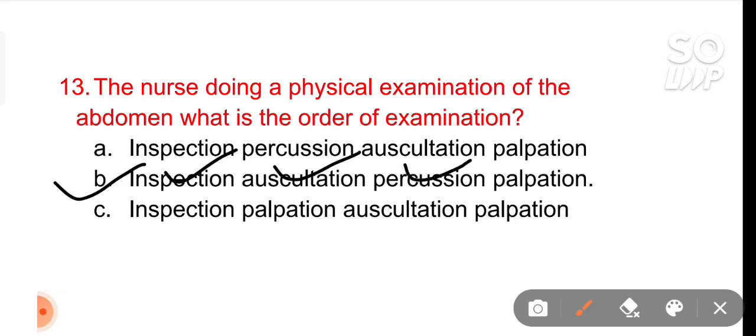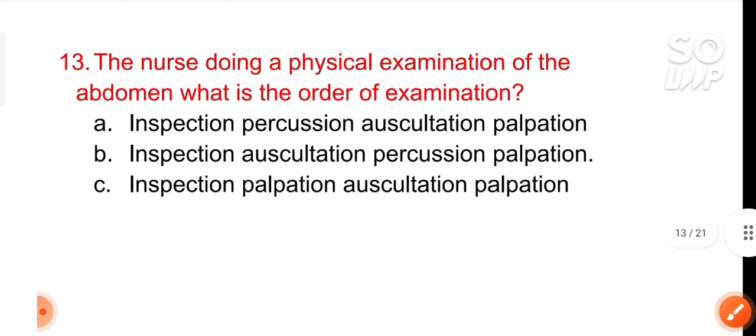Percussion is the deep pressing of the organ to know the structure, edema, fluid or air filling present in the abdomen. Palpation is similar, but we can palpate the temperature and normal structure of the organs. This is superficial, while percussion is for deep organs.